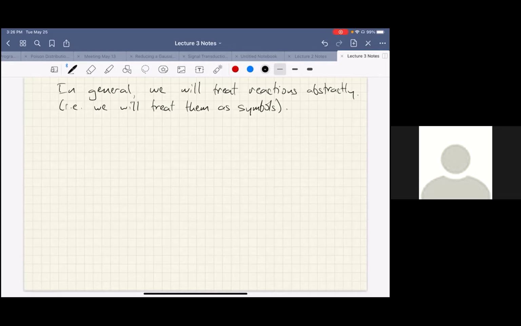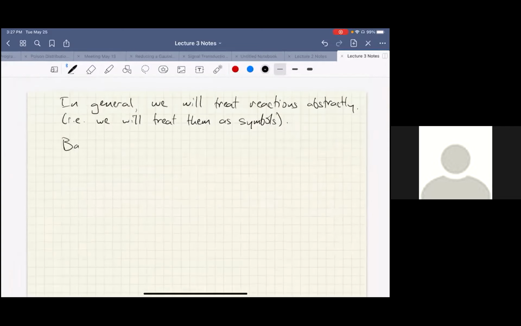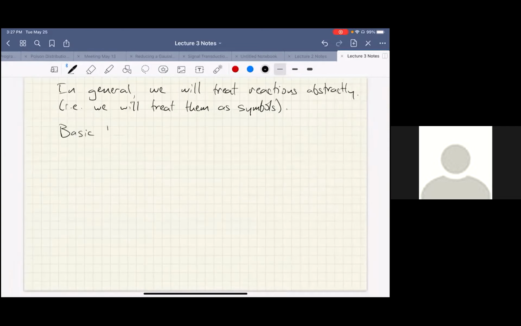All right, so to get the ball rolling here, let's talk about some basic kinds of reactions. And to see this algebraically, we can imagine a kind of reaction using a molecule A plus a molecule B that form a compound AB.